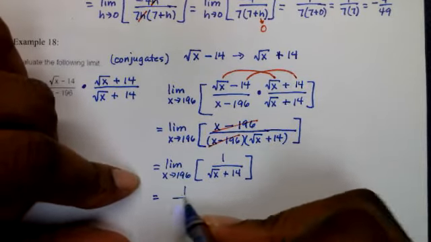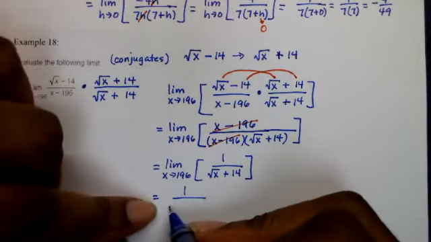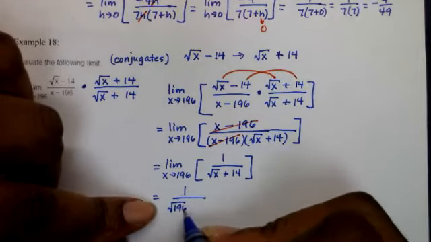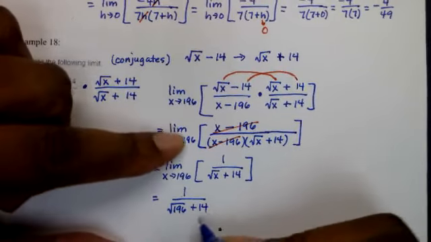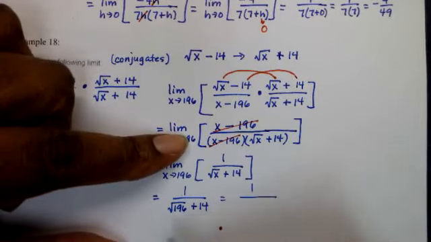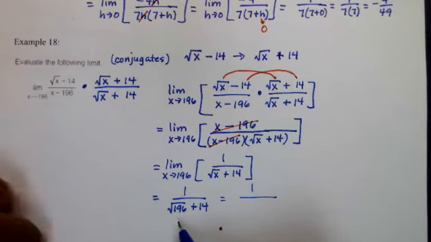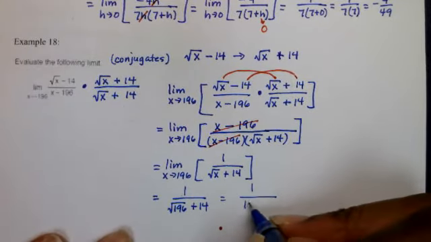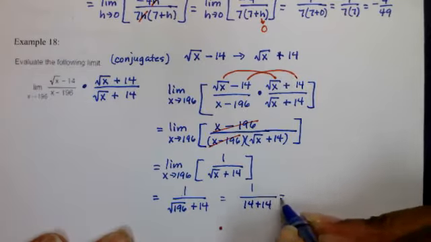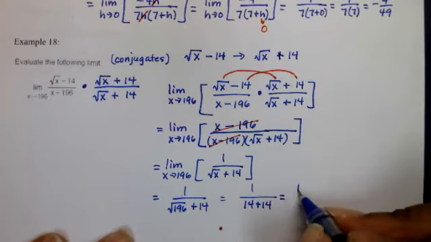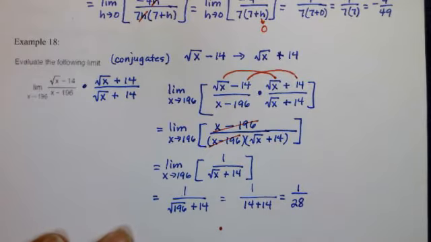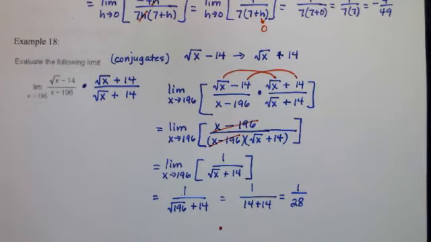So I'll have 1 over the square root of 196 plus 14. If I take the square root of 196 in the calculator, I get 14. So 14 plus 14 will be 28, and I'll end up with 1 over 28. So the limit as x approaches 196 of the square root of x minus 14 divided by x minus 196 will end up being 1 over 28.